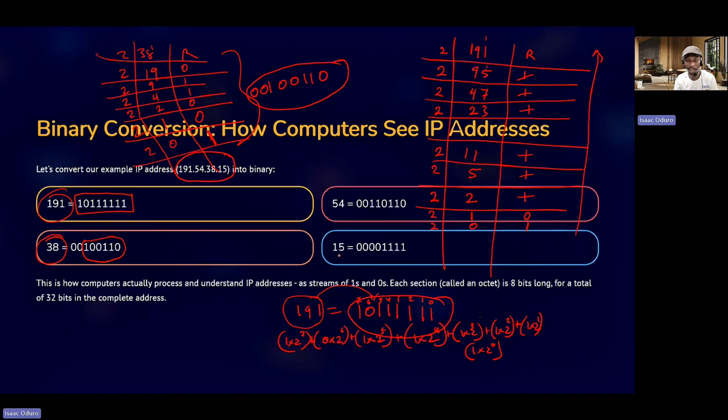You can do this and continue and continue with any IP address that you see. So if I ask you to write 194 to binary as an IP address, how will you do this? Try this and let's see what you will get.